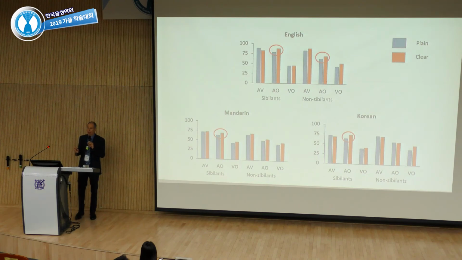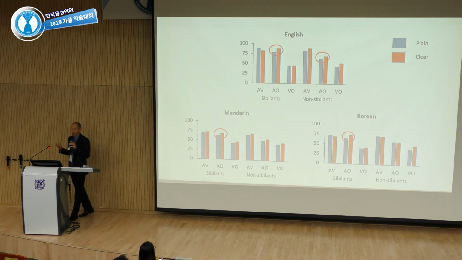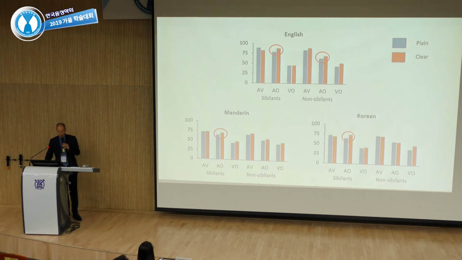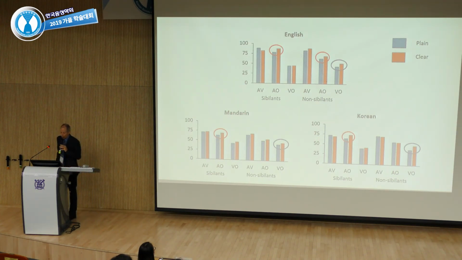Remember that the non-sibilant fricatives are acoustically not that stable, but they are visually very salient. And the sibilants are acoustically very strong, and so in the clear speech enhancement, our non-native speakers can pick up on these. So you see an advantage for the sibilants, but not for the non-sibilants. Now, if we look at the video-only mode, we see a clear speech enhancement for all 3 listener groups, the English, the Mandarin, and the Koreans, but only in the video-only mode.